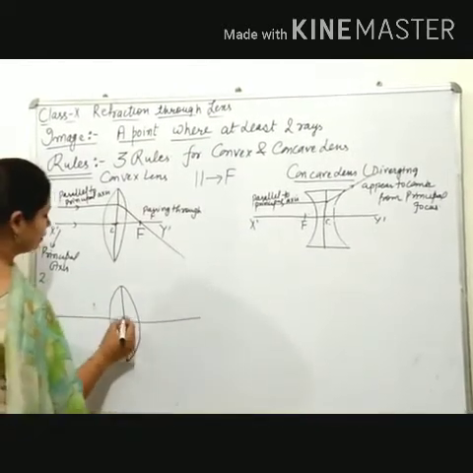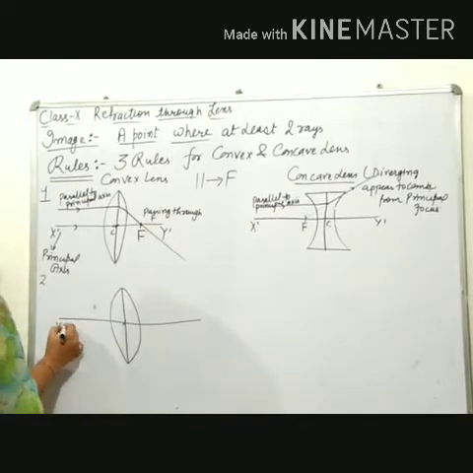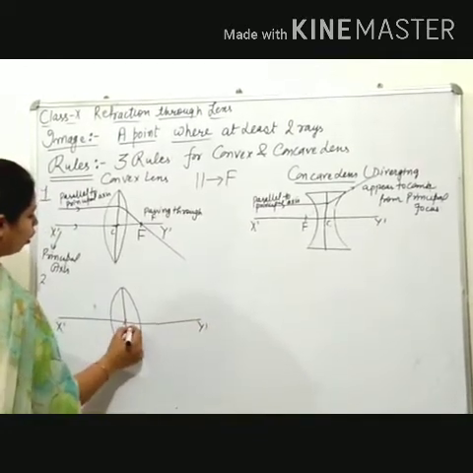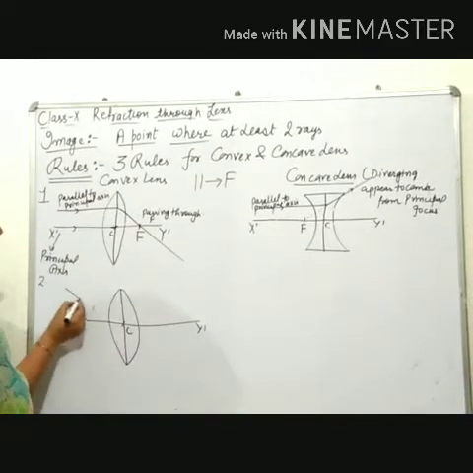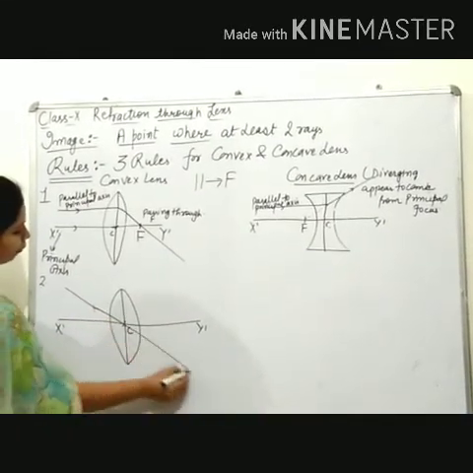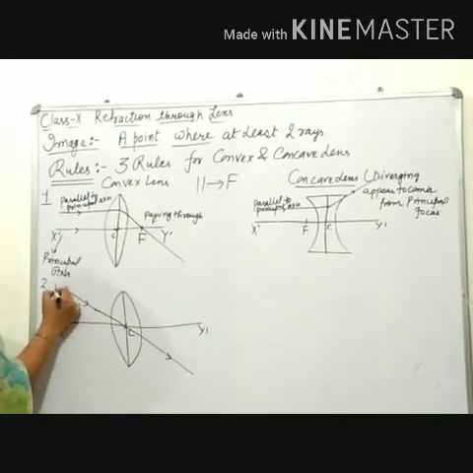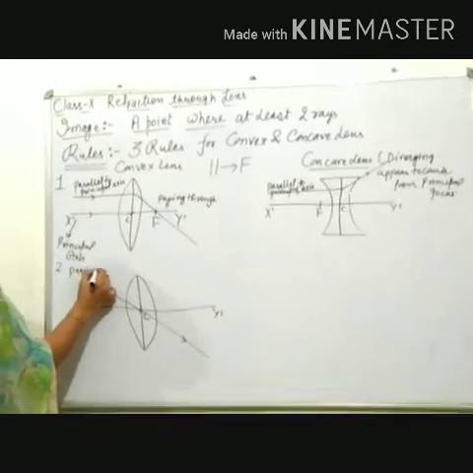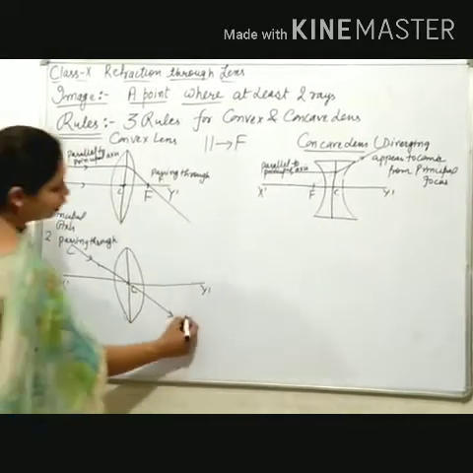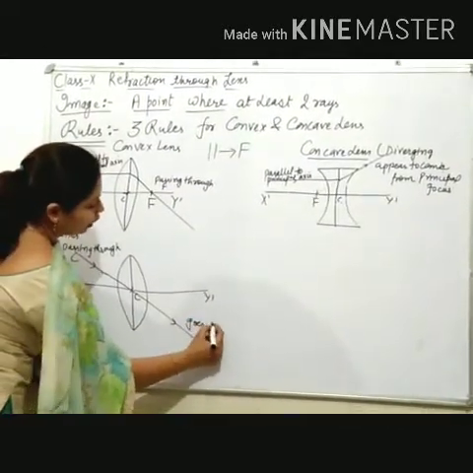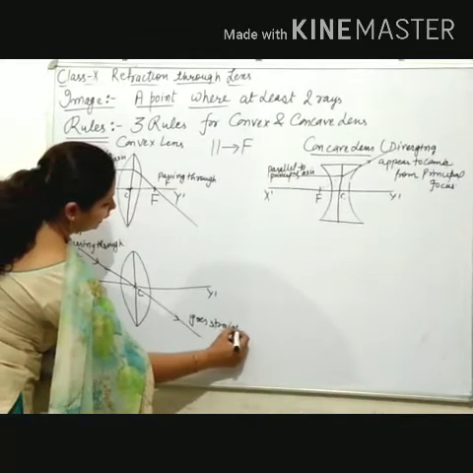This is the principal axis of the lens, x dash y dash. Optical center. If there is a ray that is passing through the optical center, it goes straight without any bending, without any deviation.